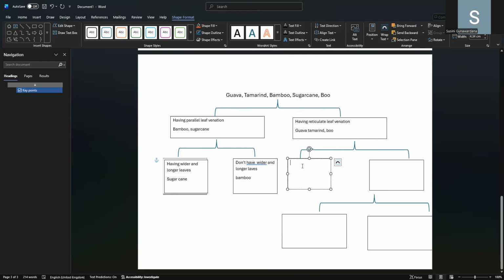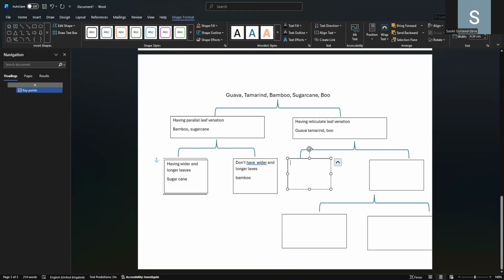If you think about the tamarind, you may have seen they have lots of leaflets, right? Lots of leaflets in one leaf. But guava and bo are simple leaves. You may have seen they don't have leaflets. So according to that, we can divide.